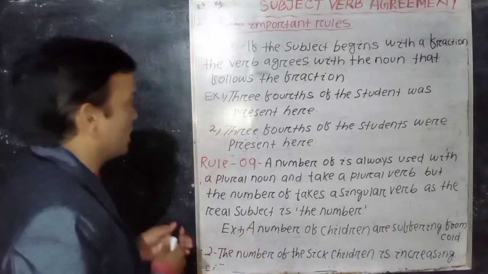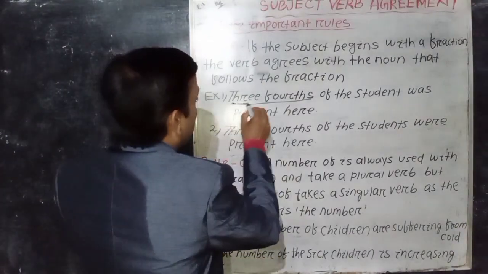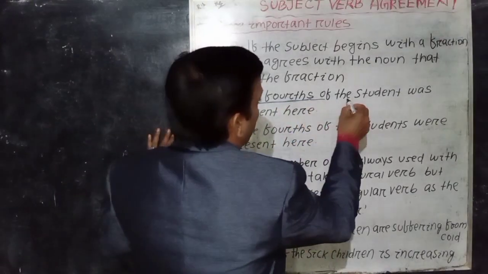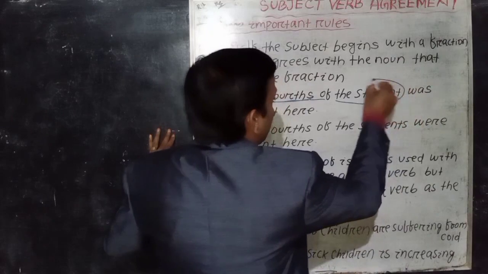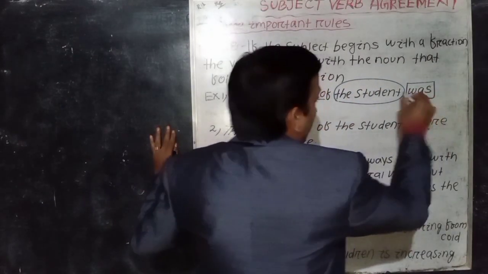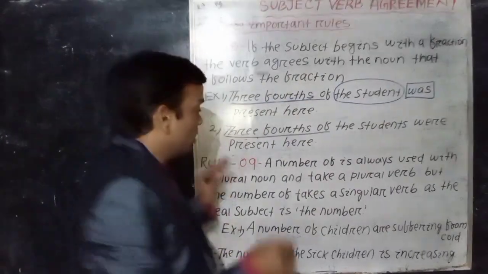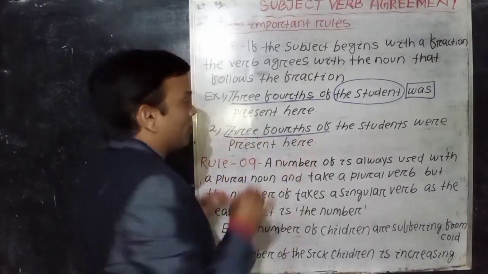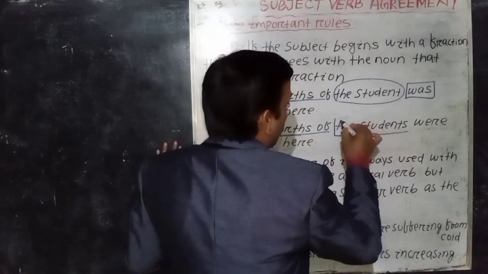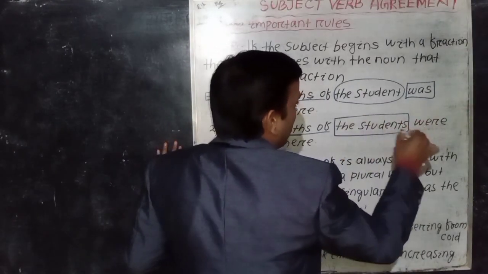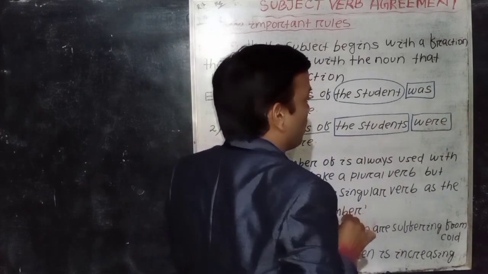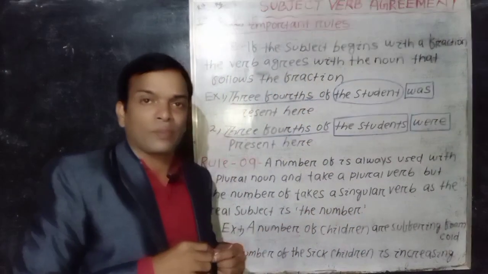Okay, let us see the example. See, 3/4, this is the fraction. After the fraction, the student, this is a singular noun, so the verb is singular, was. In a similar situation, 3/4 is the fraction, and after the fraction I have written the plural noun, the students, and now the verb I have used is the plural form, were.